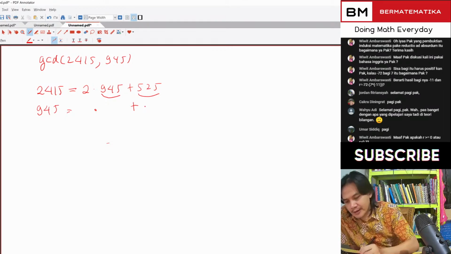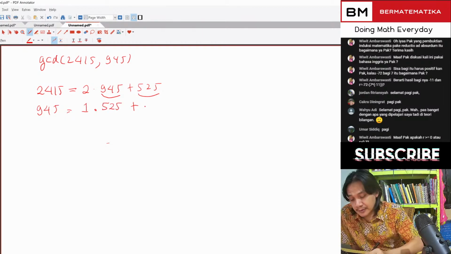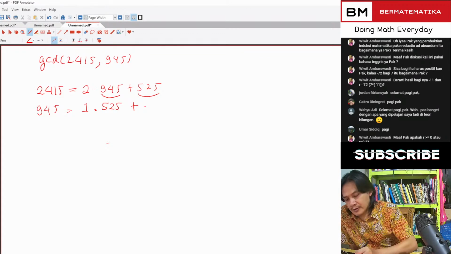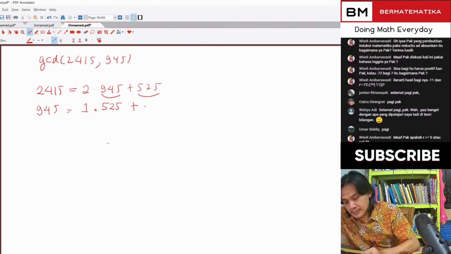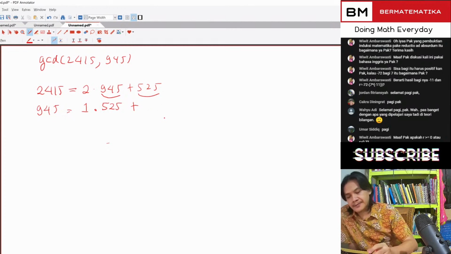Okay, so if we divide 945 by 525, that's going to be 1, and the remainder is 420. Then 525 divided by 420, 1 again, remainder 105, like that.